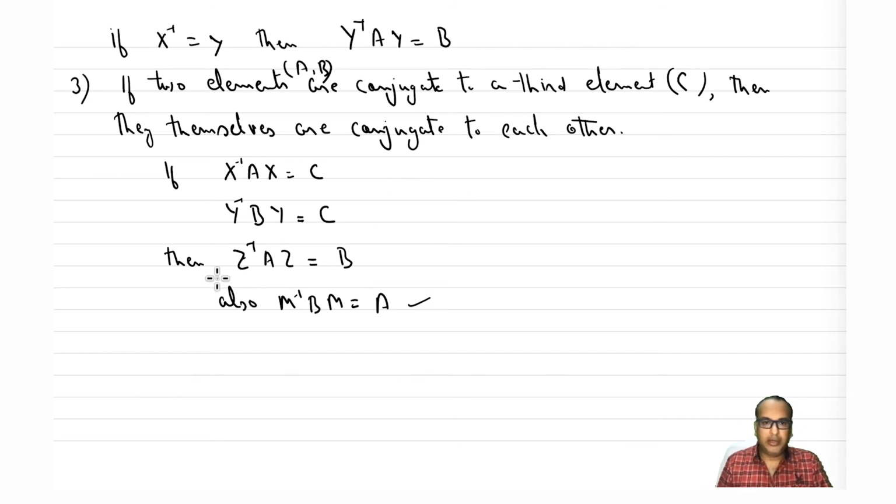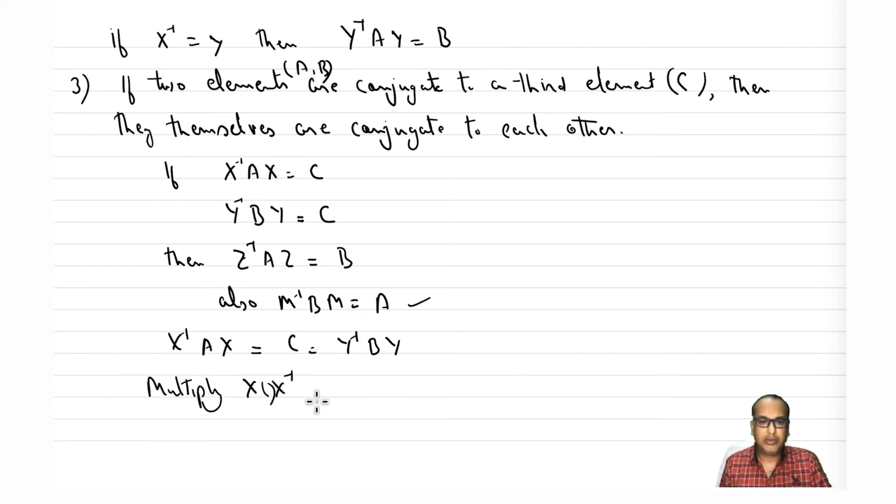Okay, so now how do we prove this? Again, let's start with x inverse A x equals C equals y inverse B y, and now multiply x inverse on both sides.